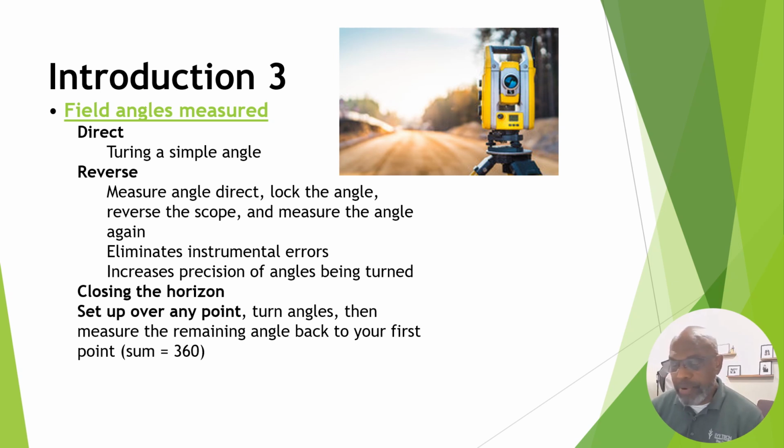This involves measuring or laying out an angle with the instrument in the direct position, and then again in the reversed position, so that the angle between points is measured twice. Generally, direct is when the vertical circle is on the left as you are sighting through the telescope, and reverse is when the vertical circle is on the right as you sight through the telescope.